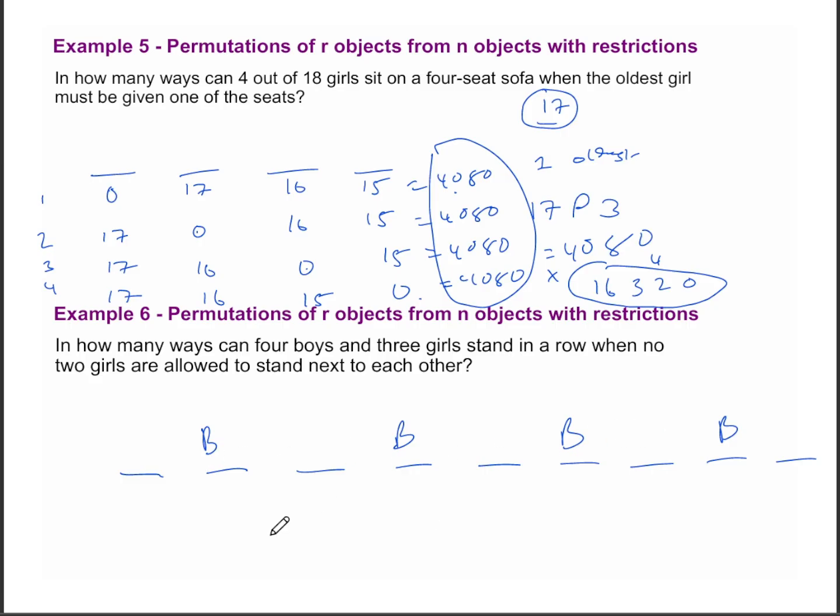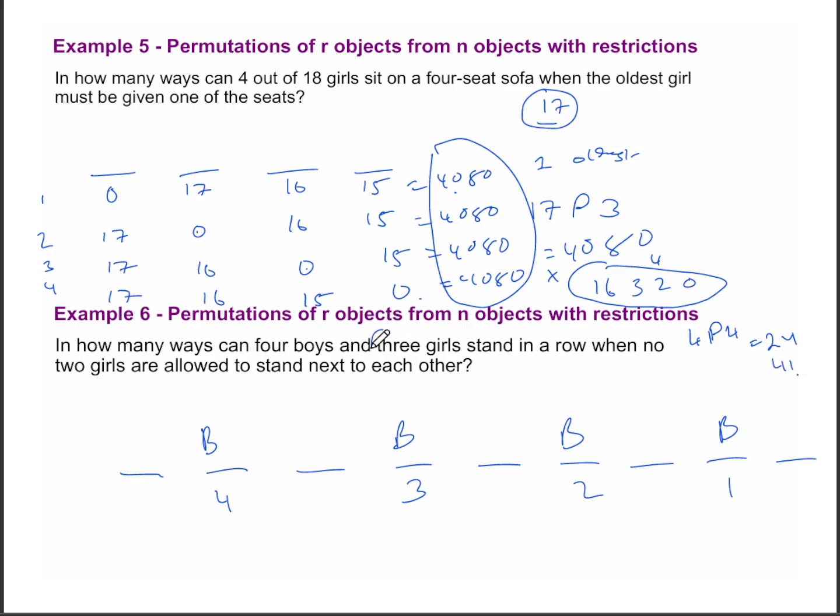And here we have 4 boys with 4 spaces. Therefore, there are 4 options for the first space. Then there will be 3 options for the second space, 2 options for the third space, and 1 option for the last space. Which we also get from 4 boys, 4 objects, and 4 spaces in total, which will give us 24. Similarly, if we do 4 times 3 times 2 times 1, which is the same as 4 factorial, right?